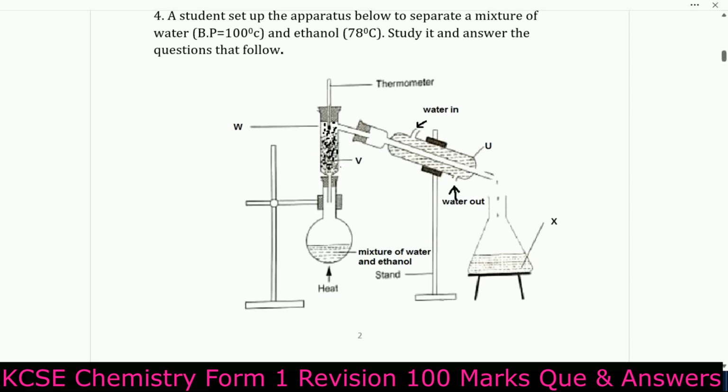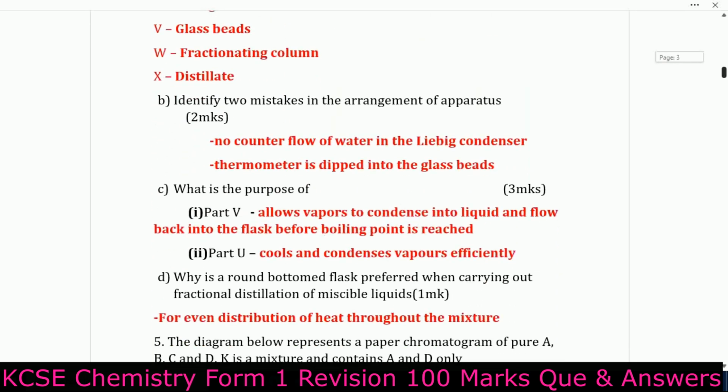Where we have water out, it should be water in, and where we have water in, it should be water out, so that it can cool the substance in that tube. Then you can see the thermometer has been sunk; it should be up there.